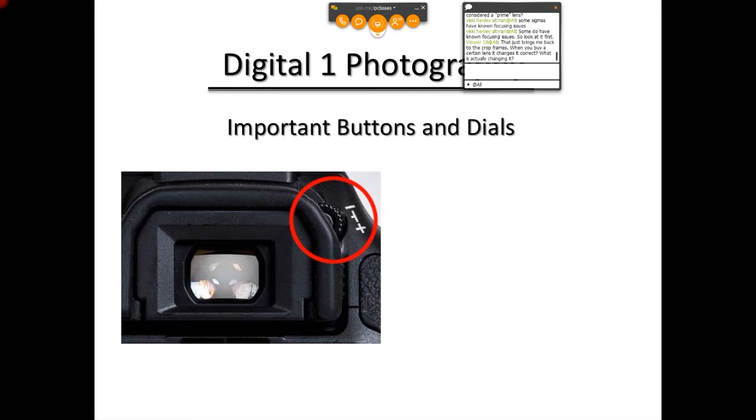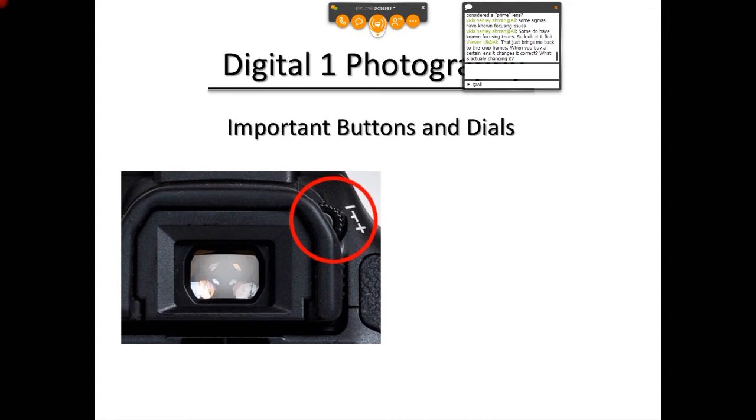You'll look near the bottom of your viewfinder and you'll see all the numbers down there, shutter speed, aperture, and so on and so forth. What you want to do is adjust that dial so those numbers are in focus. And it's going to be different for everybody. I wear glasses. I know some people wear contacts, so it's going to be slightly different for everybody, but that's there to help you make sure that everything you're seeing through your viewfinder is going to be in focus.